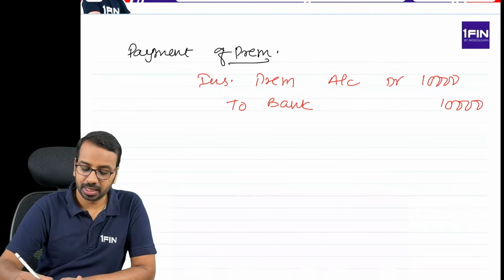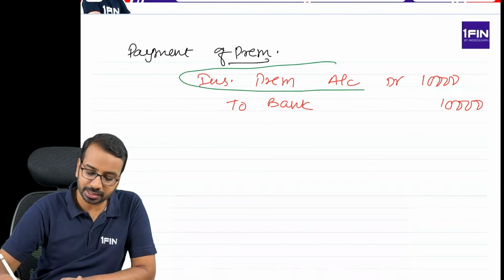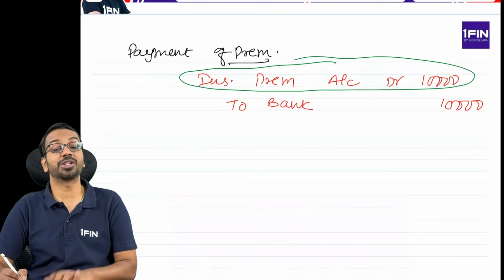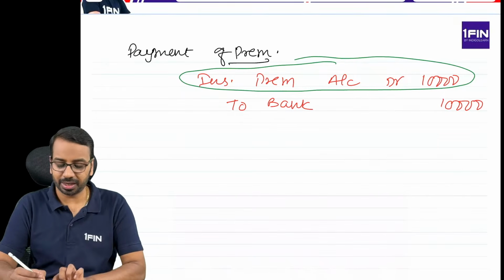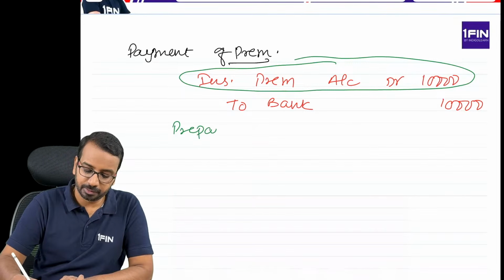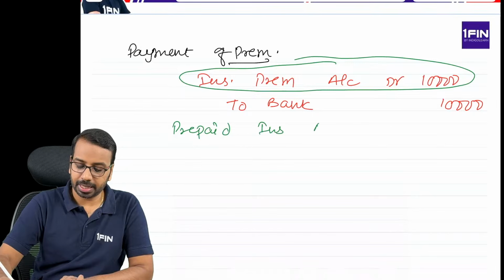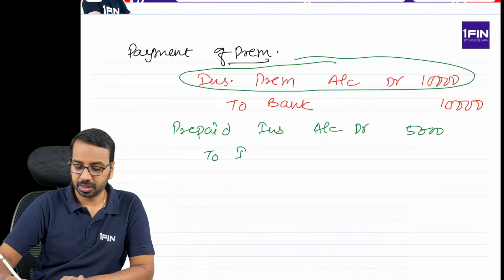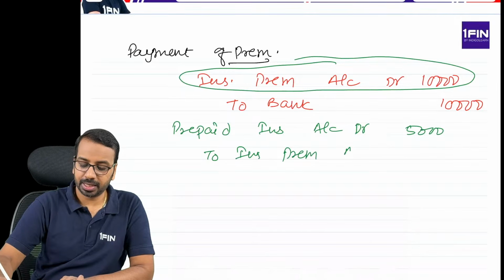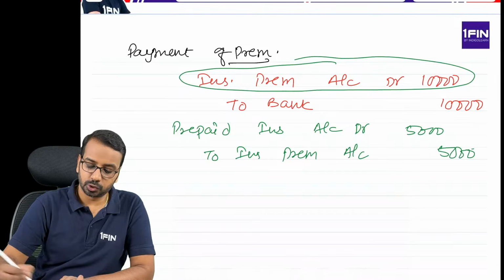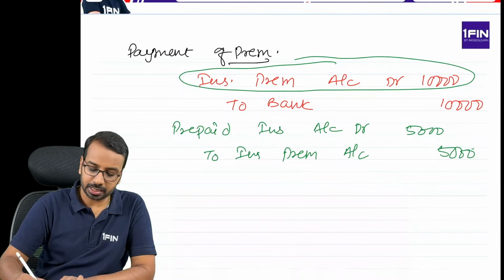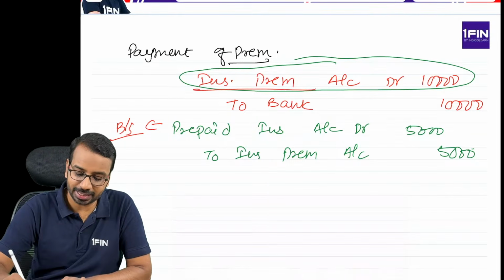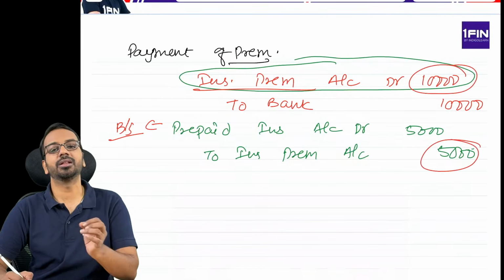This is the entry you will pass. Now in the trial balance you will get this number of insurance premium 10,000. Now entire 10,000 is not current year expenses, so we'll pass an adjustment entry saying prepaid insurance account debit 5,000 to insurance premium account 5,000. So this becomes a part of my balance sheet under other current assets, and my net expense now will be 10,000 minus 5,000, 5,000.